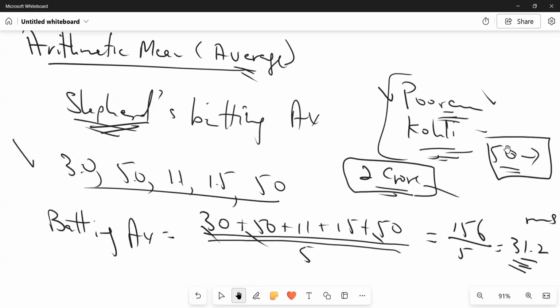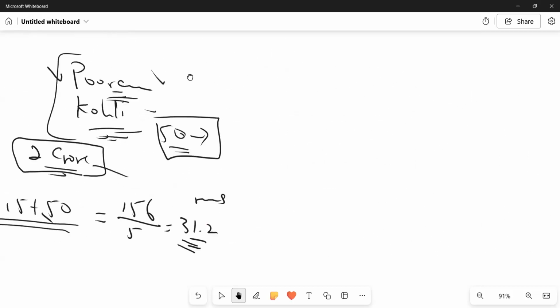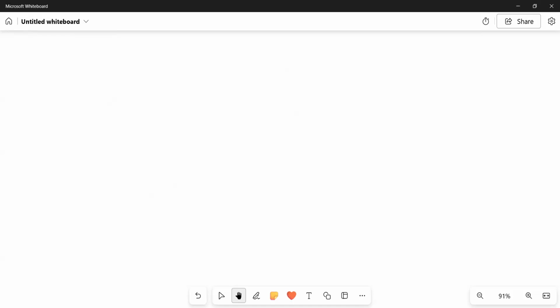So back to how you calculate the arithmetic mean. This is a little formula.